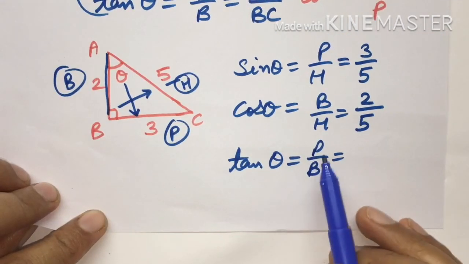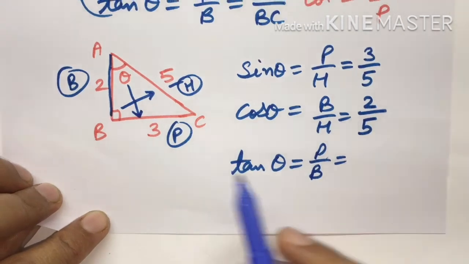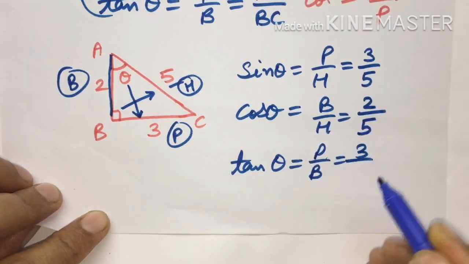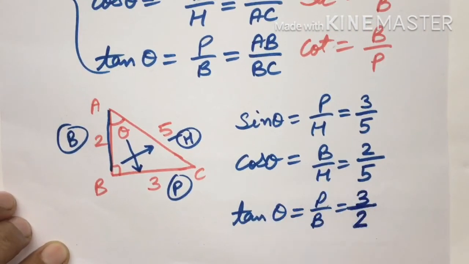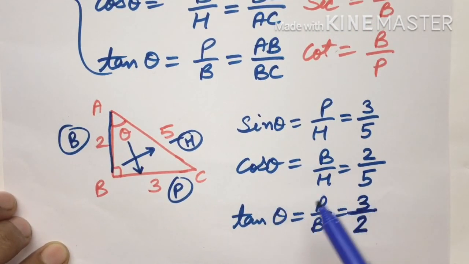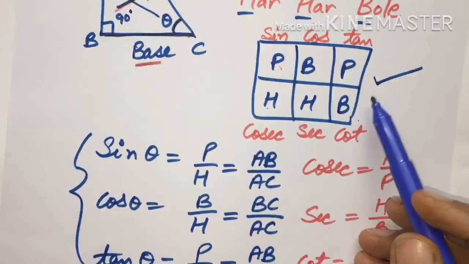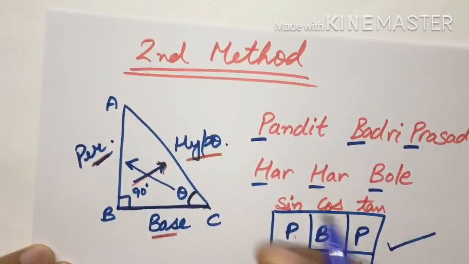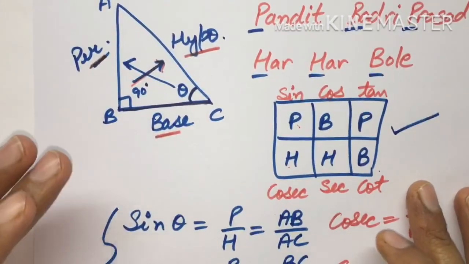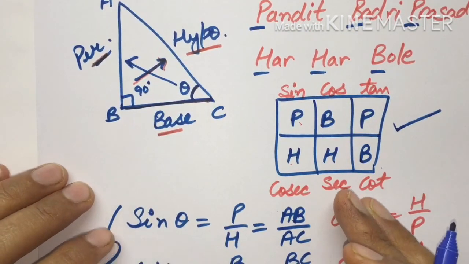Tangent theta is perpendicular upon base: 3 upon base, base is 2. Like this we can find the other trigonometric ratios with the help of this table. So you can use both methods, first and second, to find these trigonometric ratios.